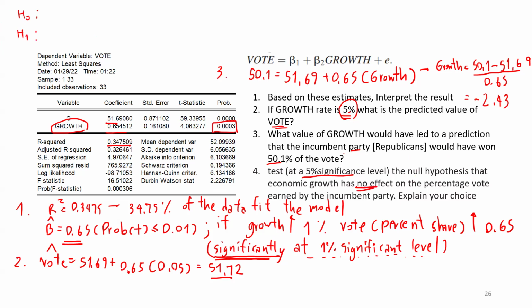No effect means this value equals 0. Versus it has an effect, either positive or negative impact, no matter, just has impact. So it becomes a two-tail test.